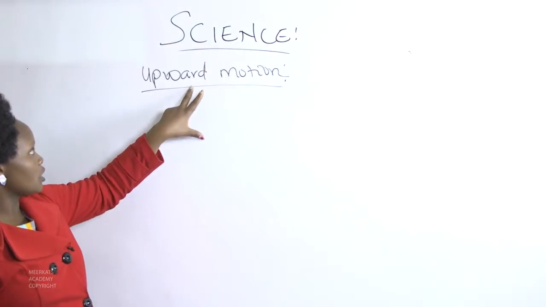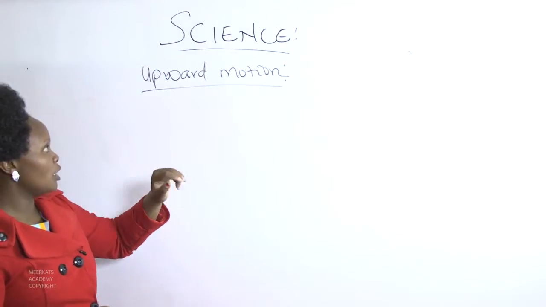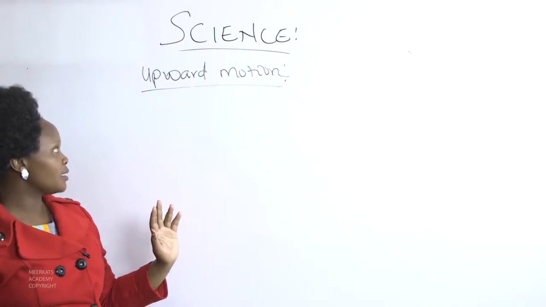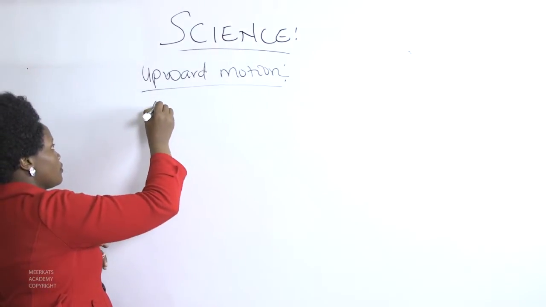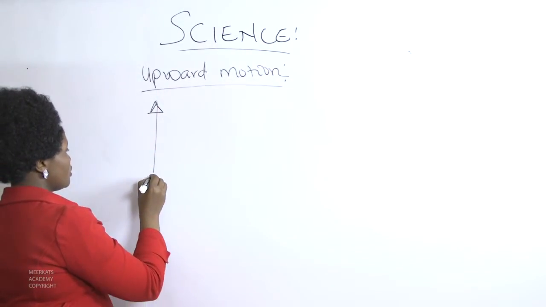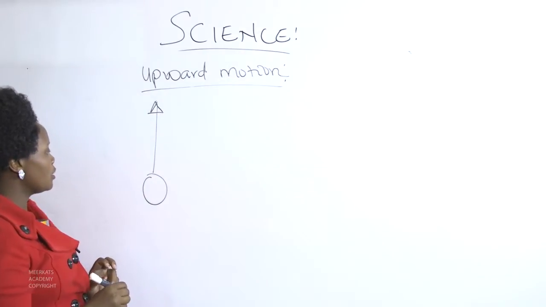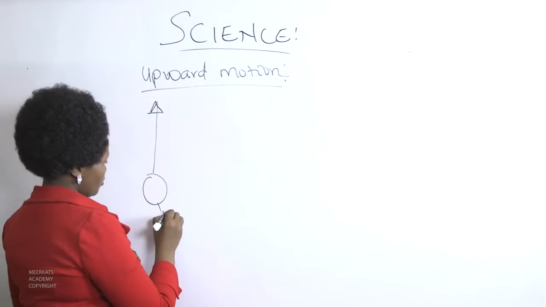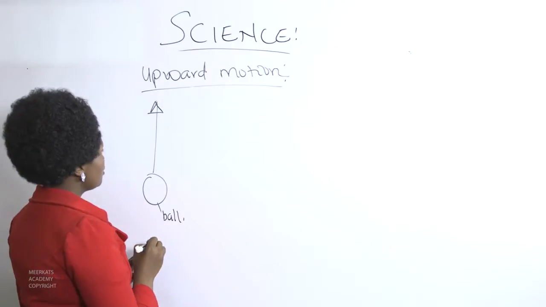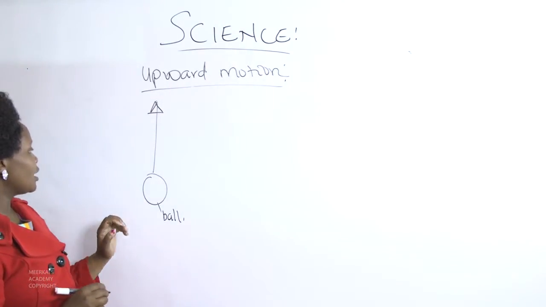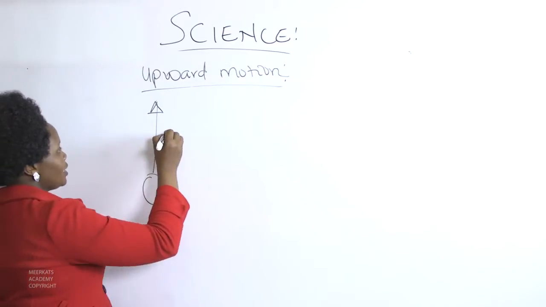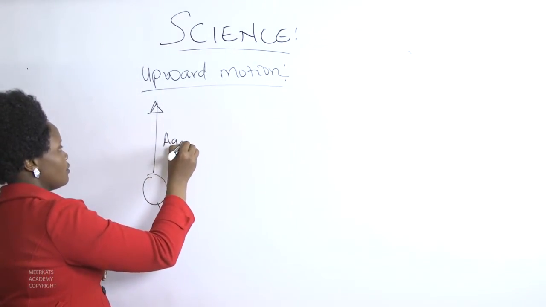Now if you project a body upwards, it goes against our vector. If this is, say, a ball, and you have projected it vertically upwards, it goes against gravity.